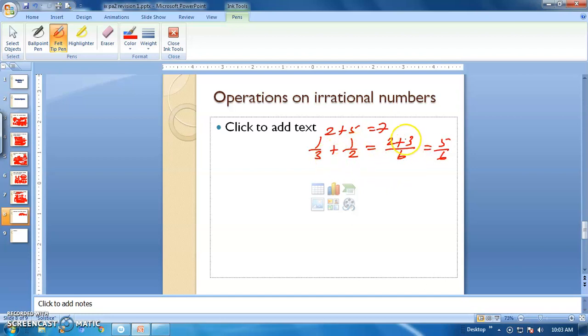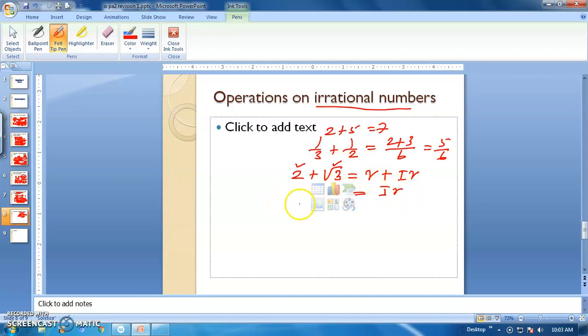Okay. But here irrational numbers are there. How can you do operations with irrational numbers? In a similar way, let us add 2 plus root of 3. So 2 is rational and root 3 is irrational. If you add rational plus irrational, the result will be irrational only.